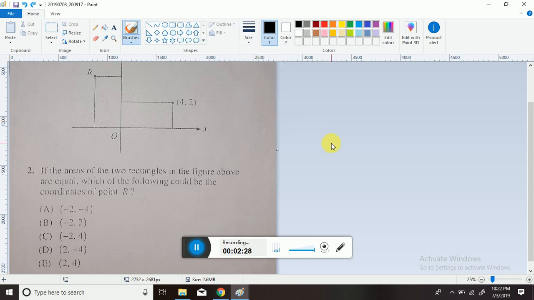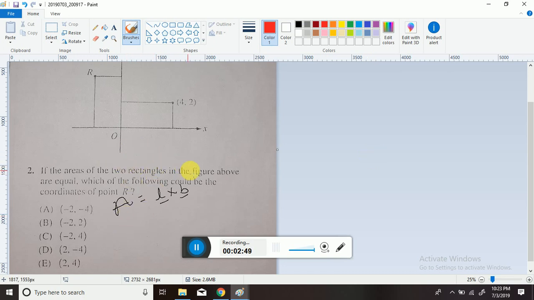So we need to find the coordinates of the point R. First of all, we need to know that area equals L into B. If L and B are interchanged, B into L, our area does not change.